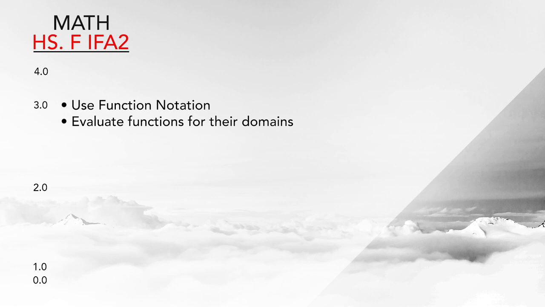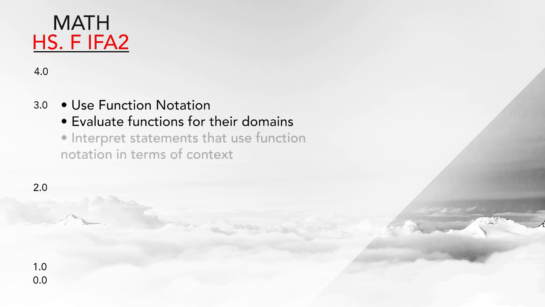Some of the standards will say or, and when it says an or, the faculty tend to underline it and make note of it because that or means I have a choice and the child does not have to do all of those pieces. So I'm going to give myself another bullet. Interpret statements that use function notation in terms of context. These are the three things that have to happen.